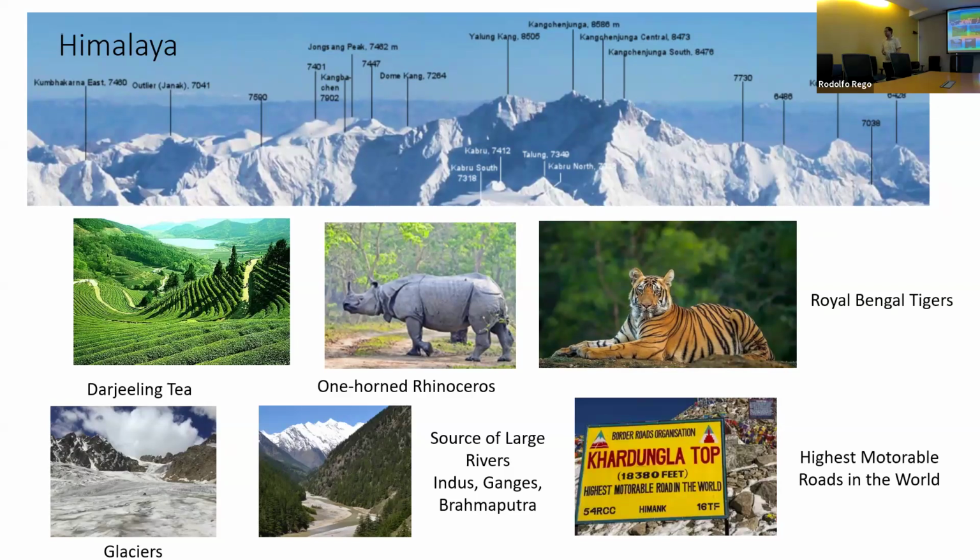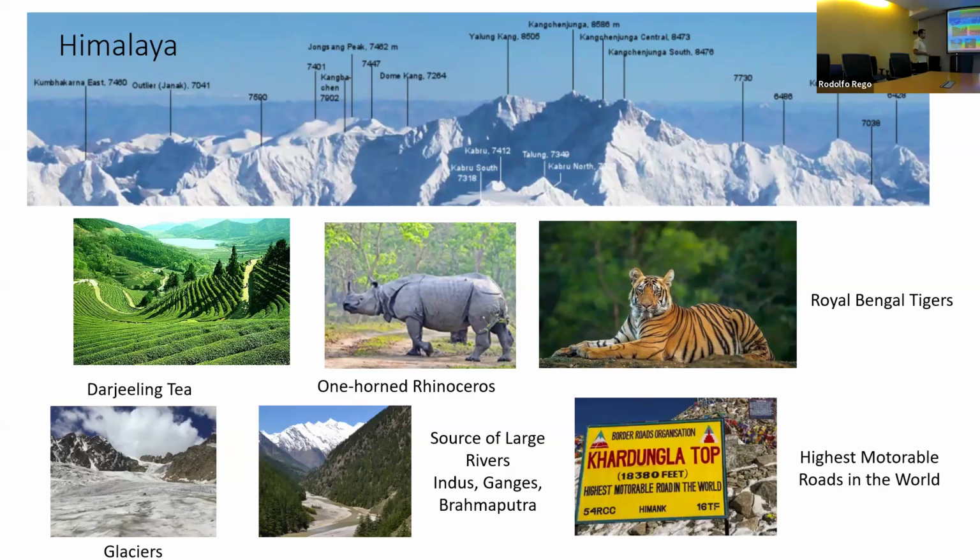We have the Royal Bengal tigers in the foothills. Of course, really large river systems, particularly the Ganga and the Brahmaputra, which make up the Padma River in Bangladesh, which has the largest discharge of fresh water into the ocean, and a lot of work has been done there. It has a lot of glaciers, as well as some of the highest and most dangerous motorable roads.